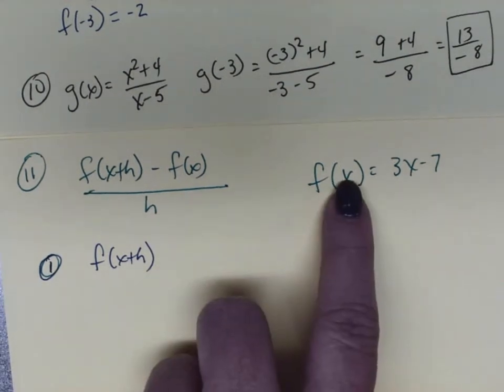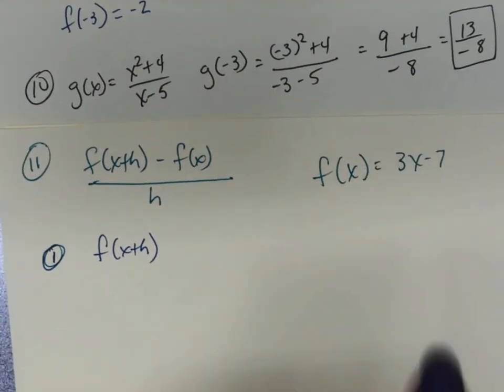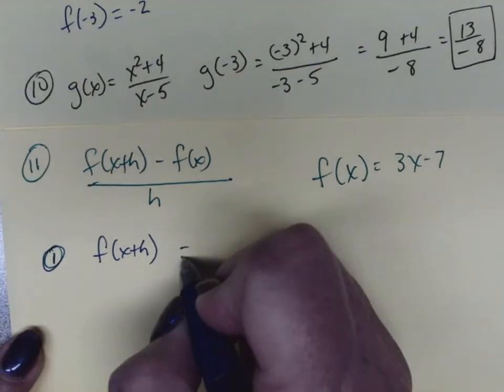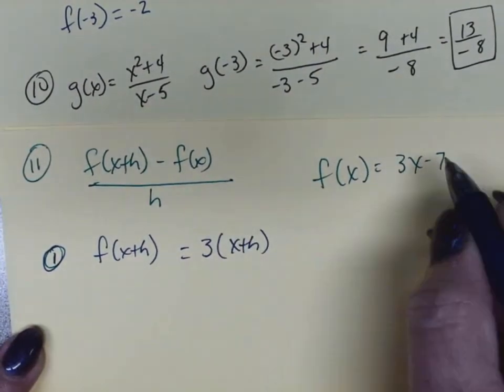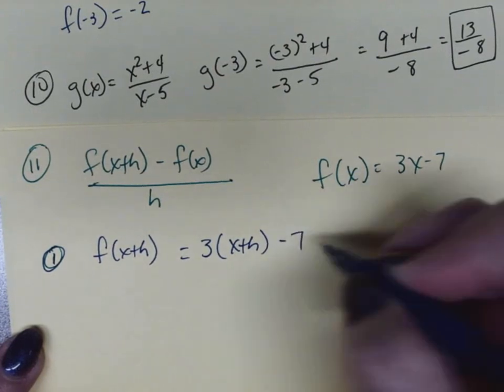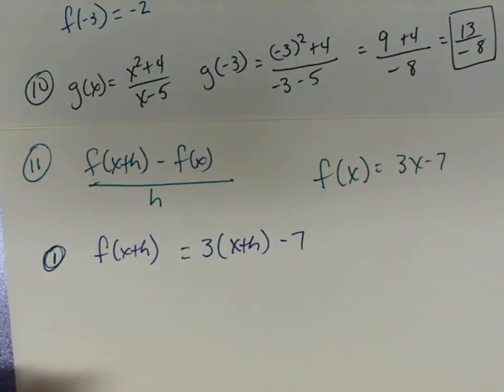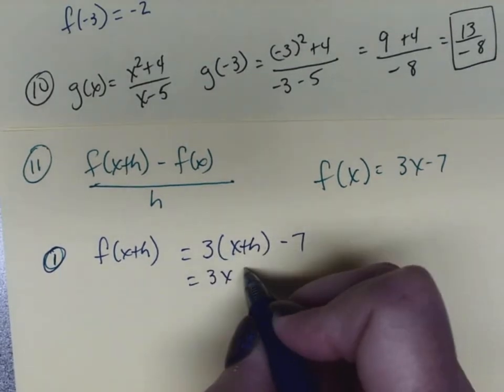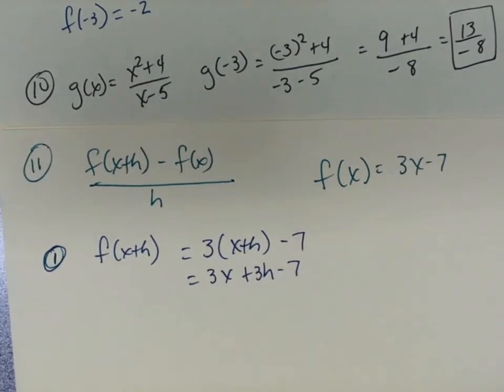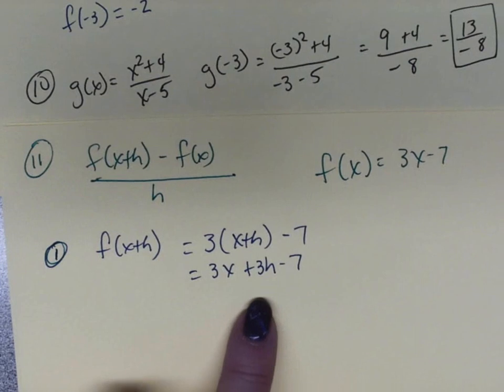So that means x plus h goes wherever the x's are. So this will get us 3 times x plus h, instead of just x, minus 7. Let's distribute our 3. We get 3x, 3 times h would be 3h, minus 7. We can't simplify that any further.